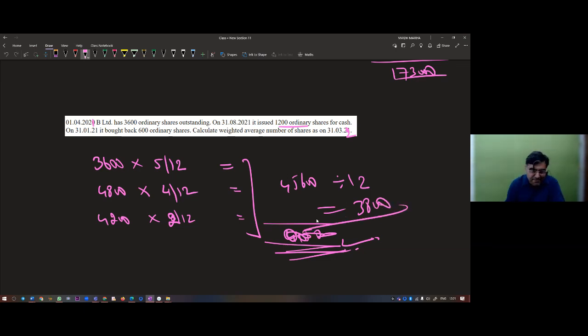Total again. This is 5. Total 12 months. 3,600 into 5. 4,800 into 5. 4,200 into 2. 50,400 divided by 12. Answer is 42.